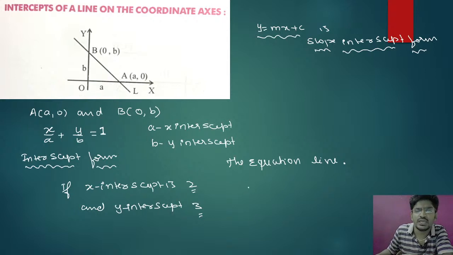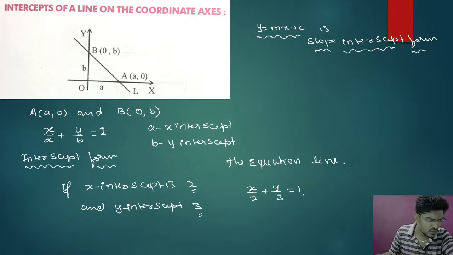So that will be x by 2 plus y by 3 equal to 1. Now you have to solve it and give the answer. That will be 3x plus 2y equal to 6.